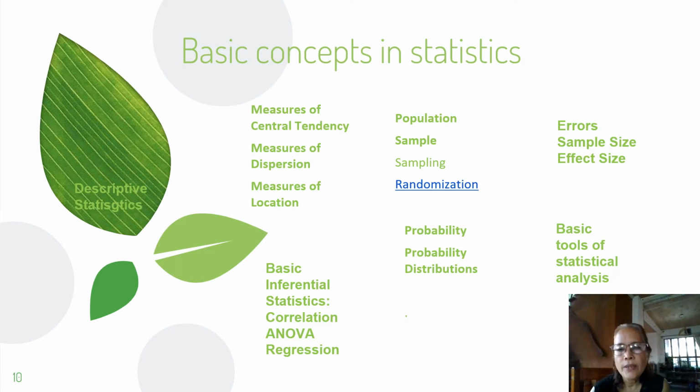And sampling will always need to recognize the principle of randomization, and that we also will have to understand that there are always errors in any research methodology as well as in the generation of data. Okay, and statistics will always talk about probability and probability distributions, and that we have basic tools of statistical analysis. From the descriptive form of statistics, we can move towards inferential statistics.